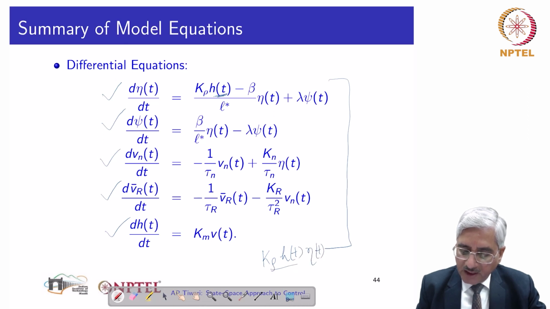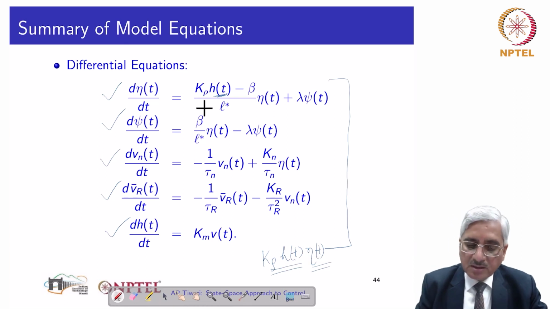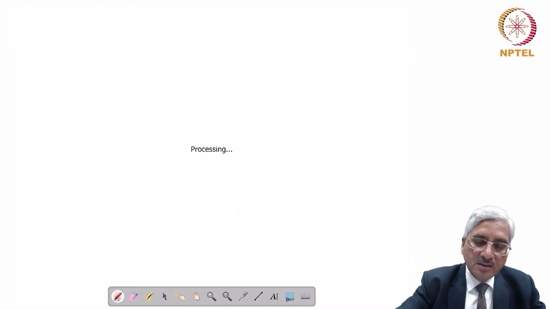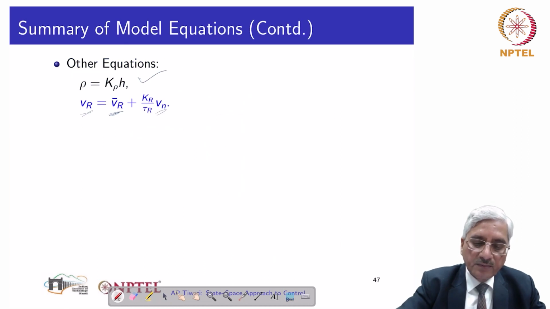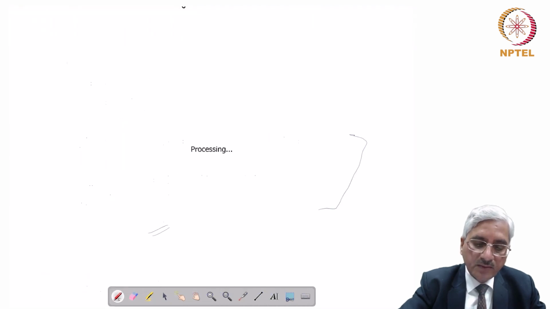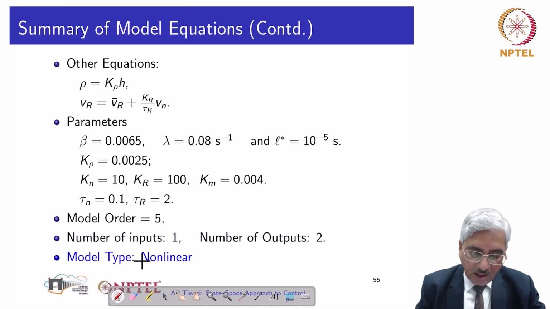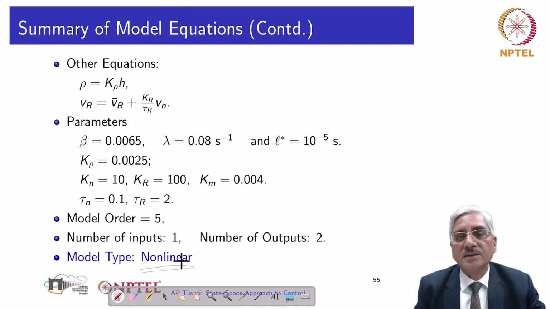Now both of them are states. H and eta, both are states. So this term contains a product of two states, and thereby it will behave in a nonlinear fashion. So the nuclear reactor model which we have got is of order 5. It has one input, it has two outputs, and besides that it is nonlinear.